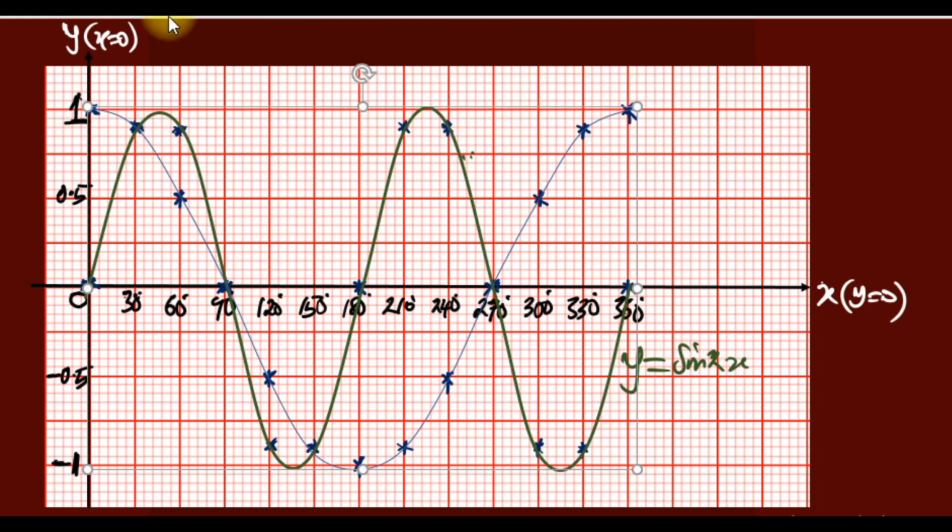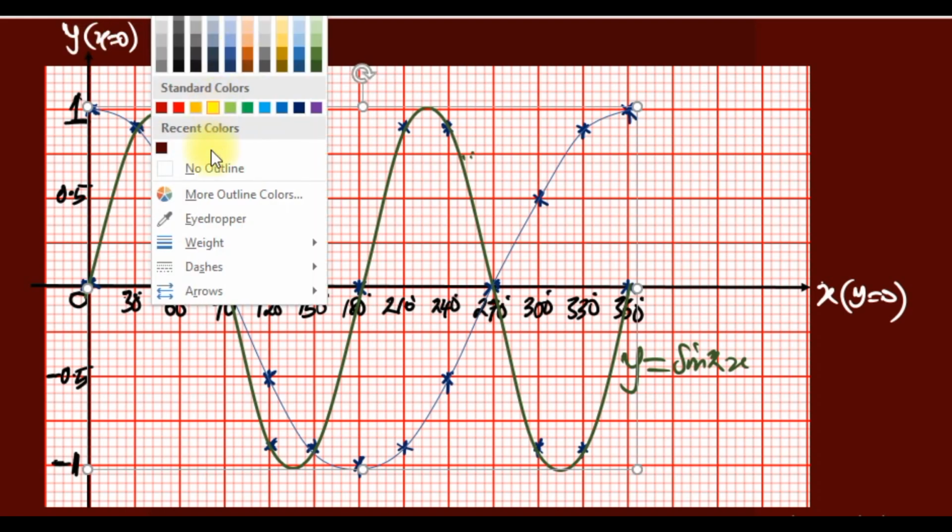So that's our curve. Maybe let's change the color.